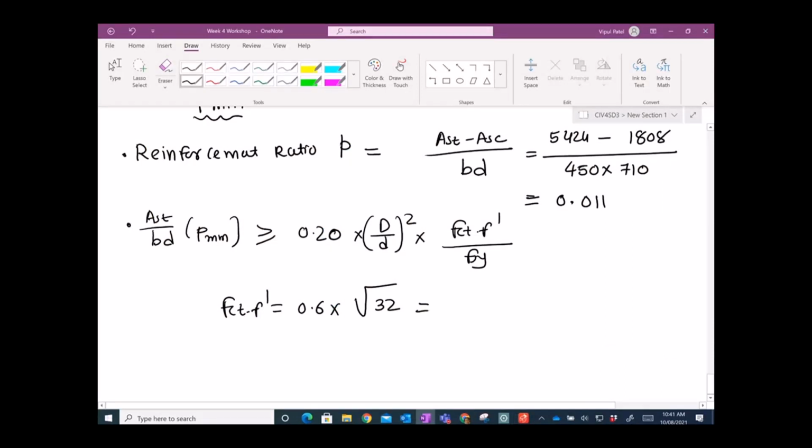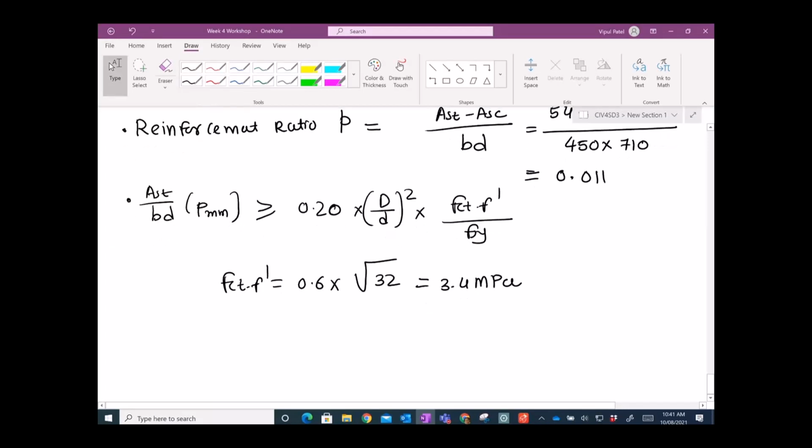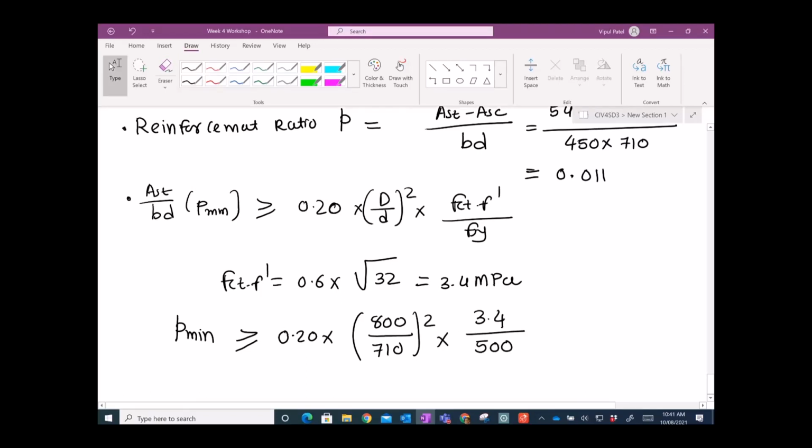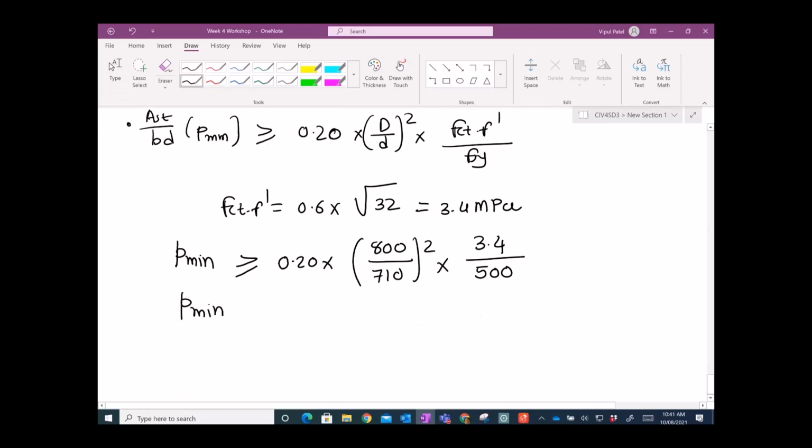So you will get this one as 3.4 megapascals. So we can plug in this value: the minimum reinforcement required according to the standard is 0.20. Depth of your section is 800 over 710 squared. FCT we just calculated 3.4 over 500. So minimum reinforcement, if you work it out, you will get 0.002. Okay, so that sounds good.